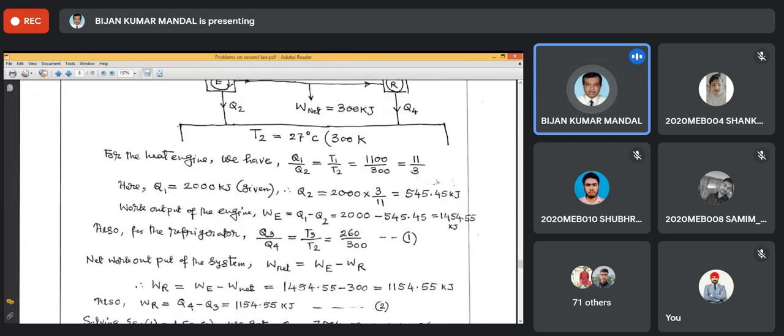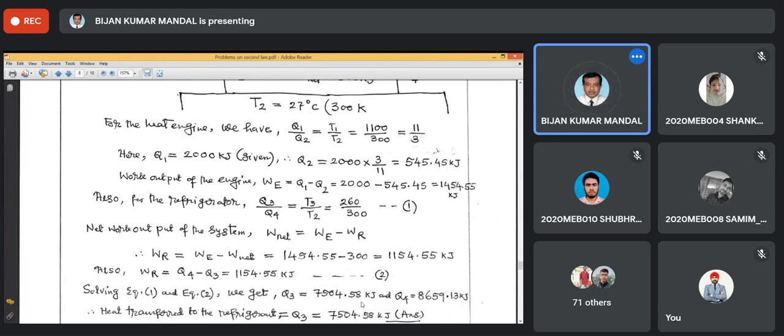Now the work output of the system, W net is equal to WE minus WR. Therefore, WR is equal to WE minus W net. We have calculated WE and W net is given. So we are able to find out the work required or consumed by the refrigerator.